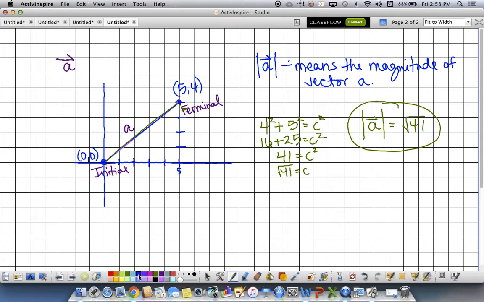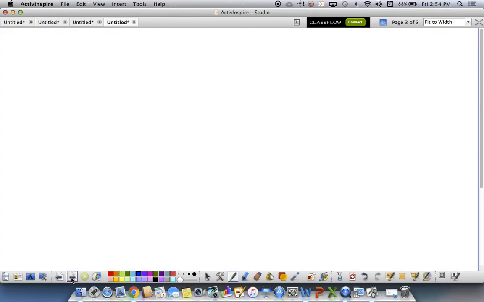That's leading me into the next point that we need, a definition. The component form of a vector.